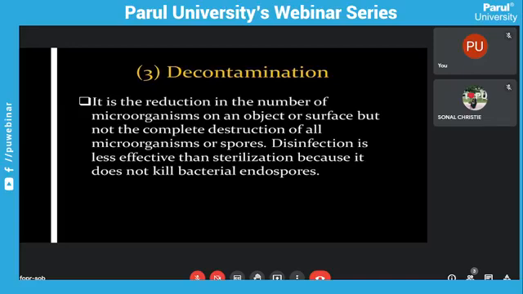We can't kill spores through decontamination.